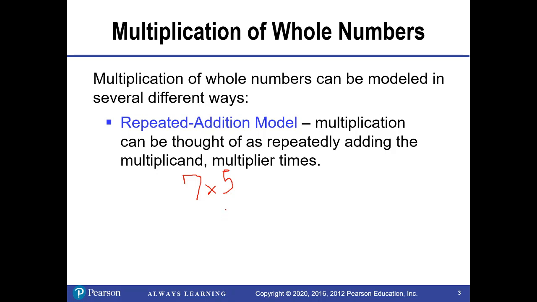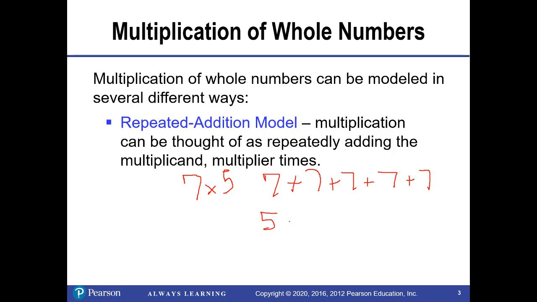Unless your curriculum makes you teach your students, think of these as factors. Multiplication is repeated addition, but it doesn't matter which way we repeat it. In other words, this is the same as 7 five times or as 5 seven times. This is 7 plus 7 plus 7 plus 7 plus 7.